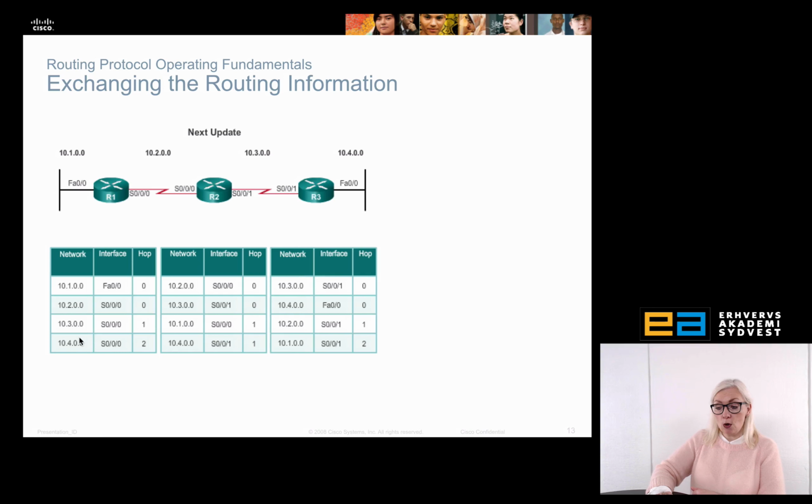So now this one also would know about 10.4.0.0. Again, it will go through my serial 0/0/0 interface, and I now have 2 hops because it's behind router number 3.